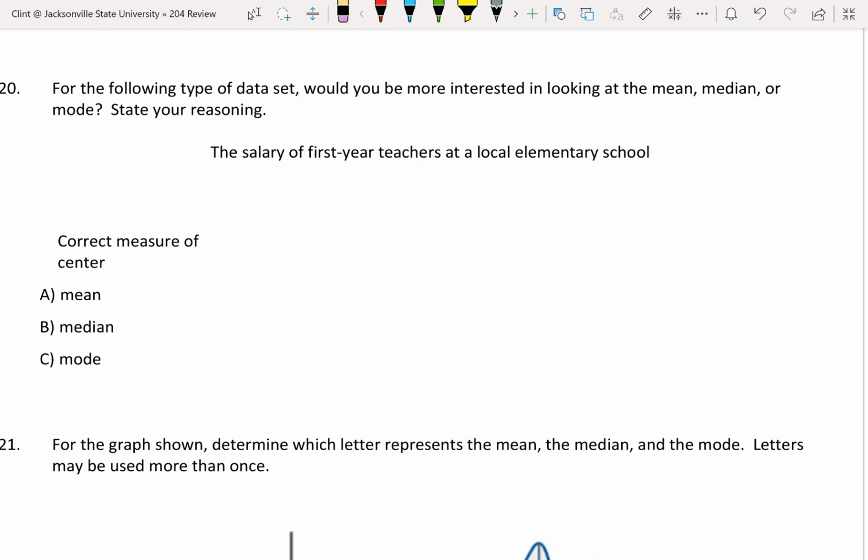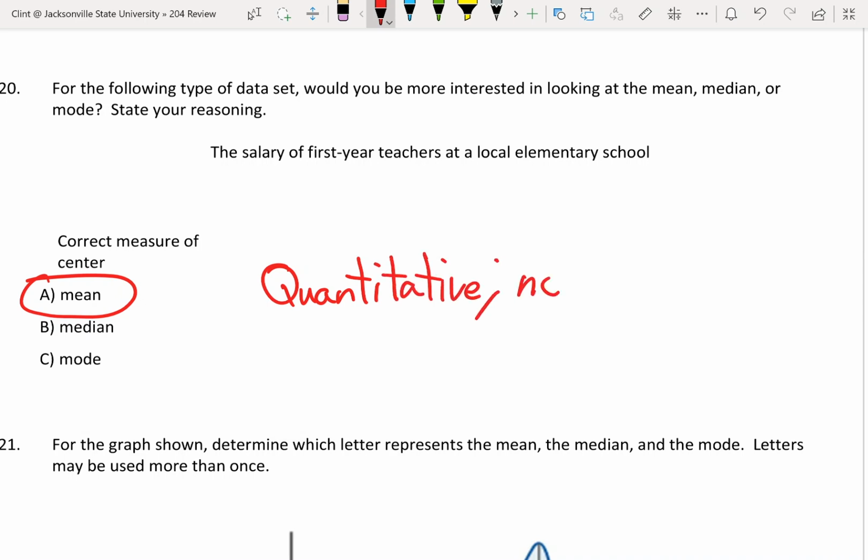Which one should we use? Mean, good. Yeah, so here I would say we have quantitative data. We have no outliers. I'm happy with that.